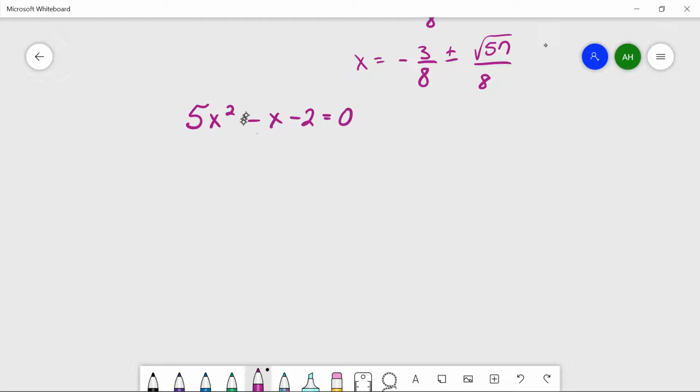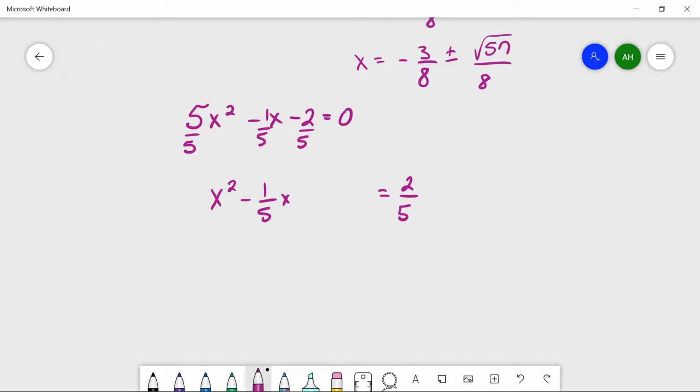This time I am going to have this negative over here. All right, got a lead coefficient of 5, so we're going to divide each thing by 5, right? So this is going to come down as an x squared. This is going to come down as a negative 1/5 x. This 2/5 we're going to move to the other side.